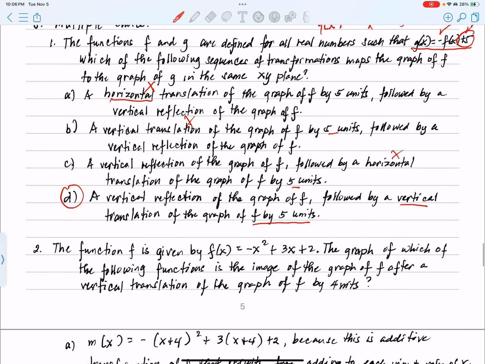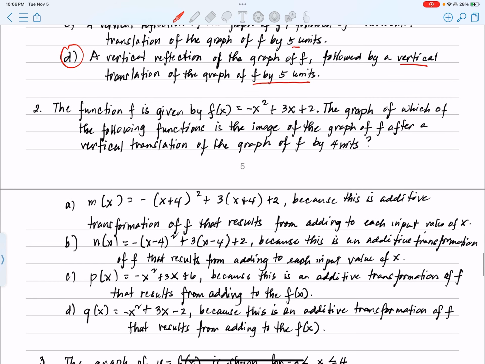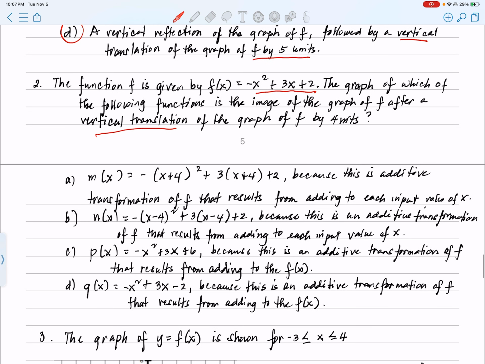Function f is given by f of x equals negative x squared plus 3x plus 2. The graph of which of the following functions is the image of the graph of f after a vertical translation by 4 units?